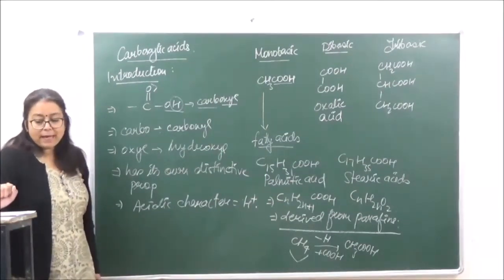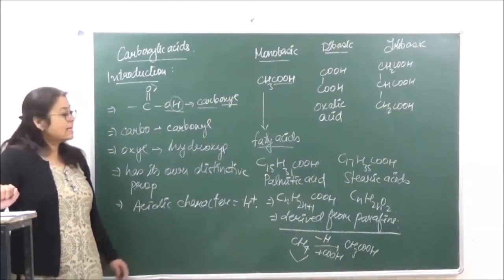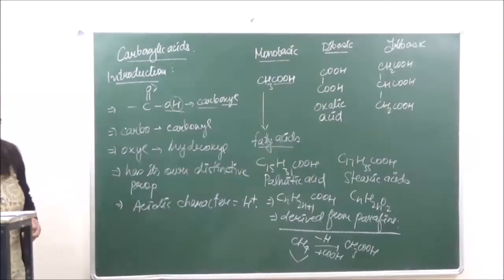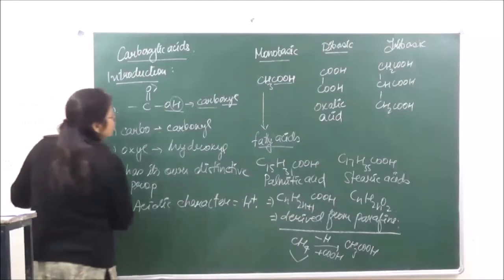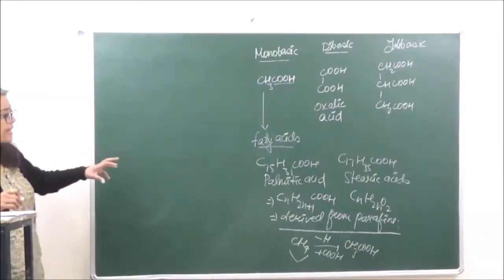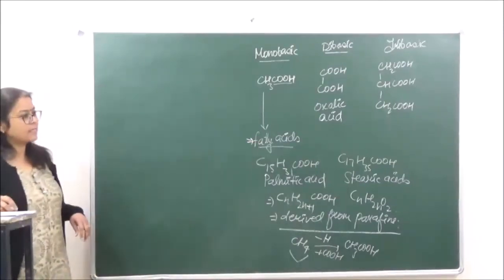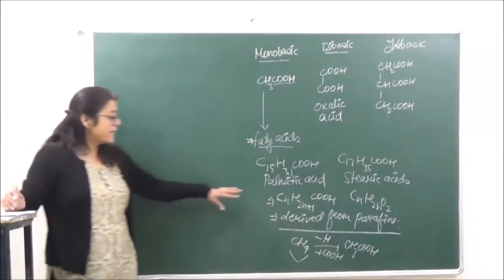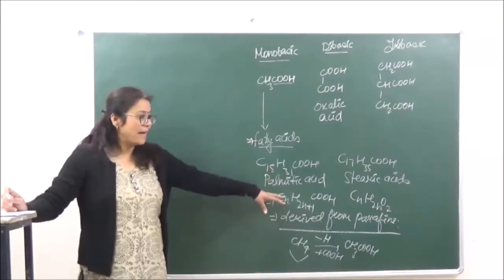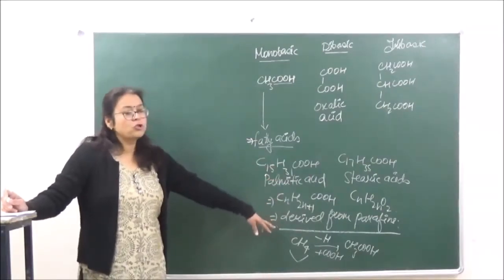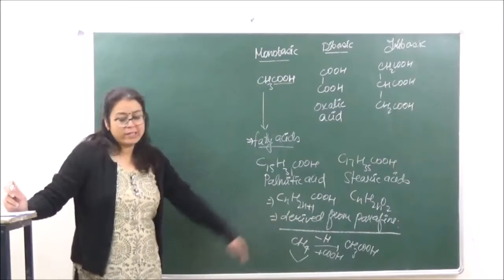In a similar manner, monocarboxylic acids can also be obtained from the oxidation of the CH3 group. So first, they are derivatives obtained from fats, therefore known as fatty acids. Second, they may be derived from paraffins by the substitution of one of the hydrogens with the COOH group.